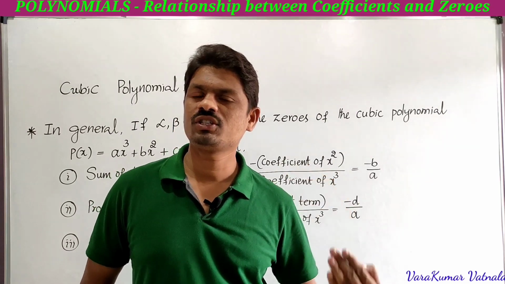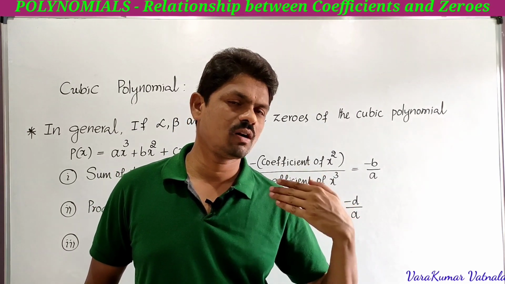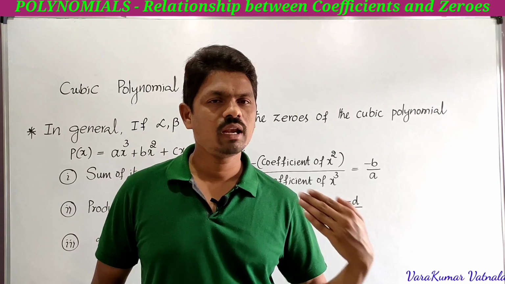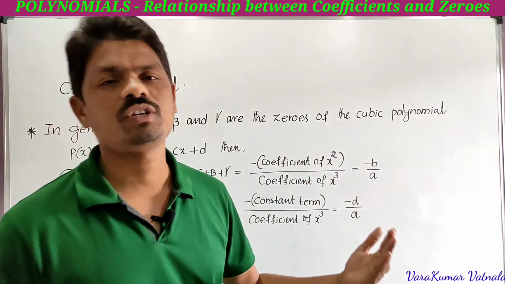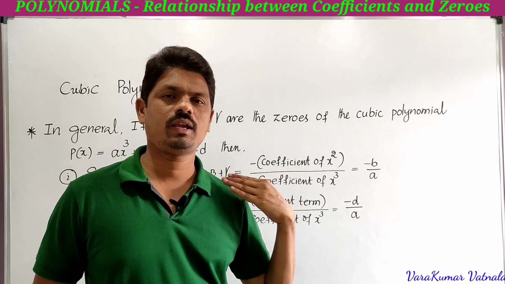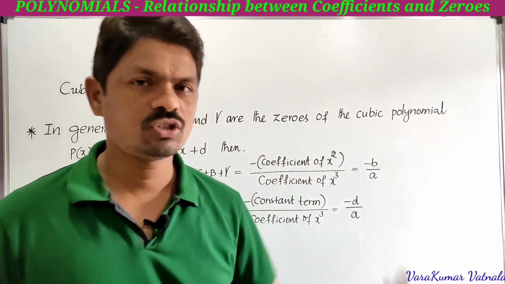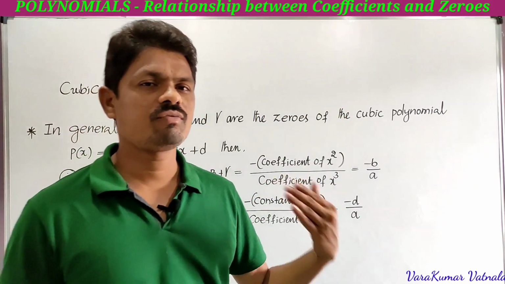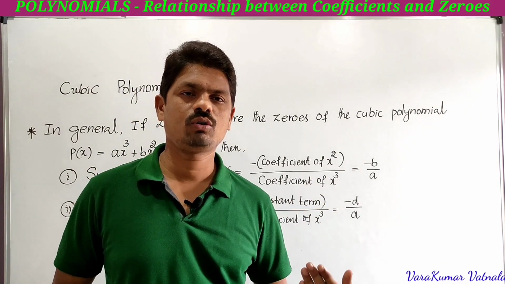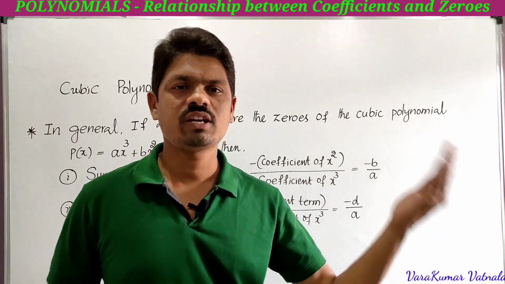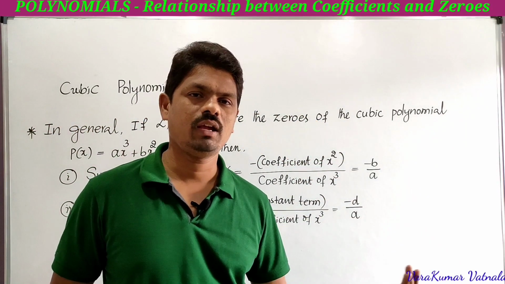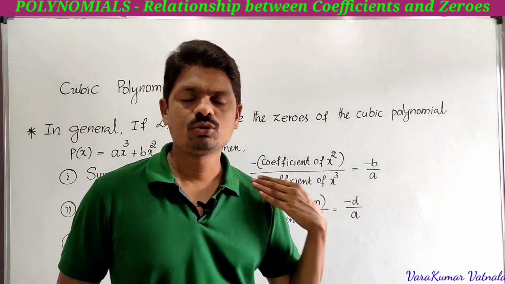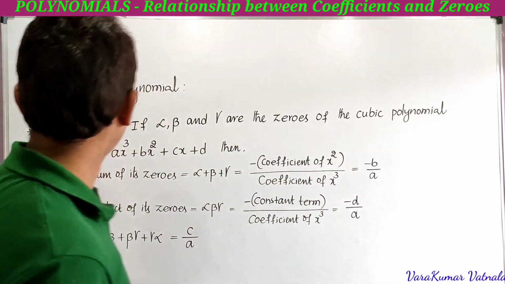Then the sum of its zeros, alpha plus beta plus gamma, is equal to minus the coefficient of x square divided by the coefficient of x cube, that is minus b by a, and the product of its zeros, alpha into beta into gamma, is equal to minus the constant term divided by the coefficient of x cube, that is minus d by a.